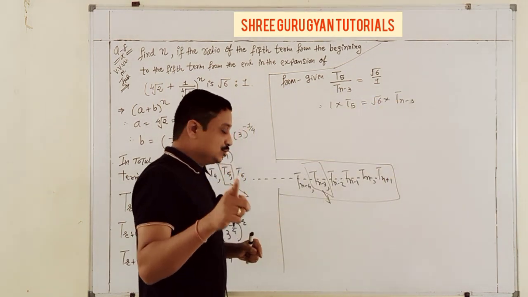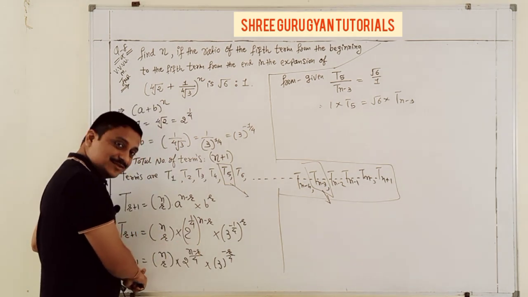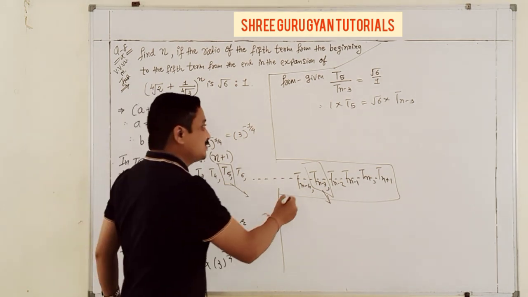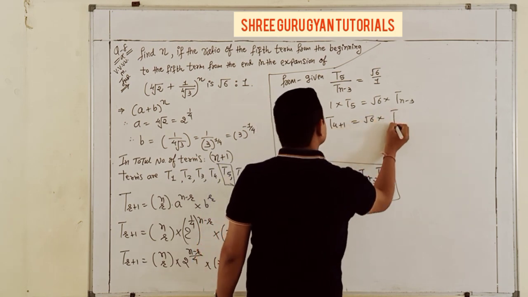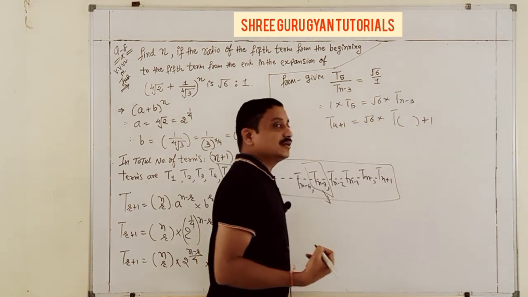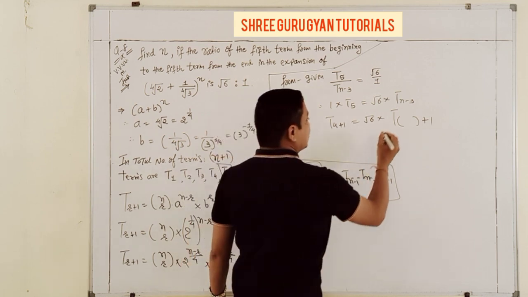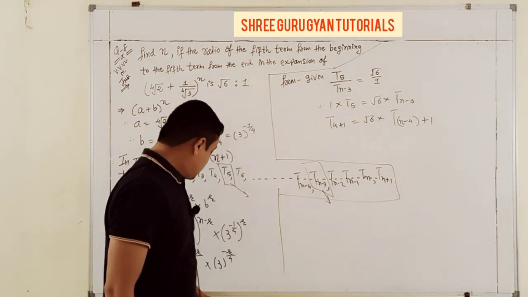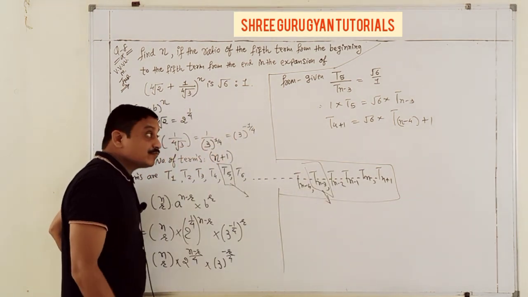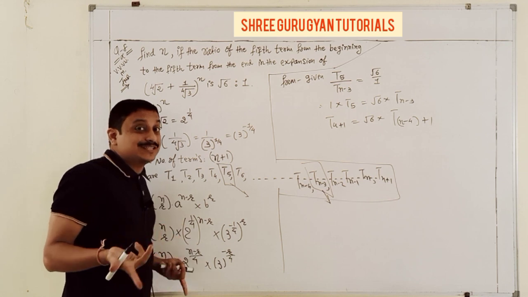But I want terms in the form r plus 1, that's why here T(4 plus 1), right. Here also plus 1, but the inside is n minus 4, because n minus 4 plus 1 is n minus 3.